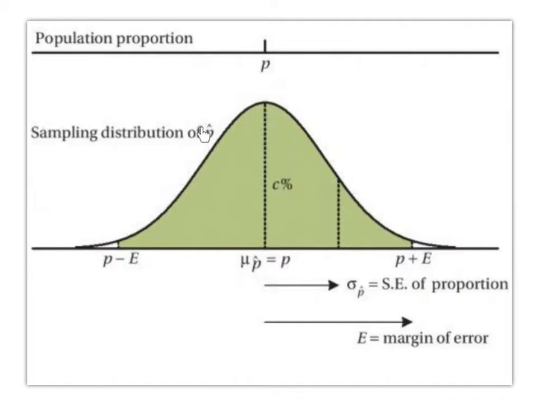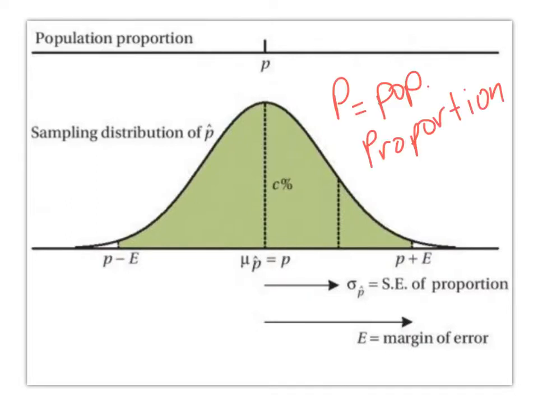So here we have our sampling distribution of P hat. It's our normal bell-shaped curve, a symmetrical curve. Our line of symmetry down the centre is P. And remember, P is the population proportion. From the centre over as far as here, we have capital E, which is the margin of error.